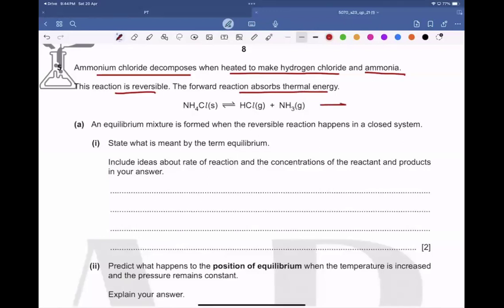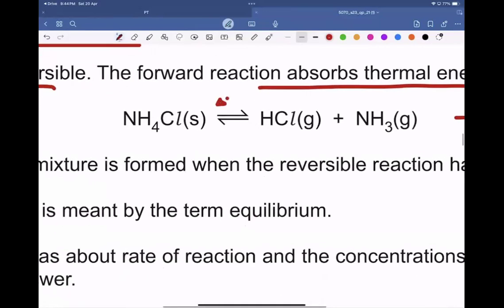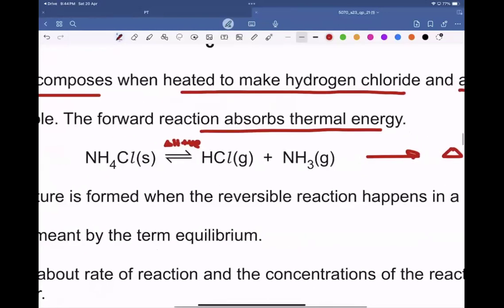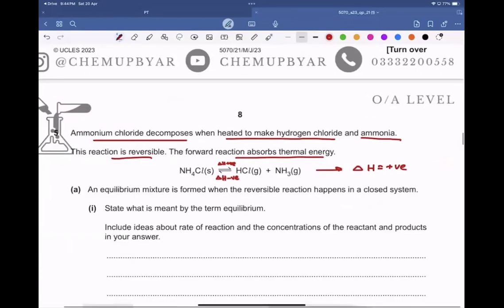So see, it tells you that the forward reaction is endothermic because it is absorbing the energy. Yes, very good, Rahan. Okay. So it means that the enthalpy change for the forward reaction is positive and the enthalpy change for the backward reaction is negative. Is this clear to all of you?